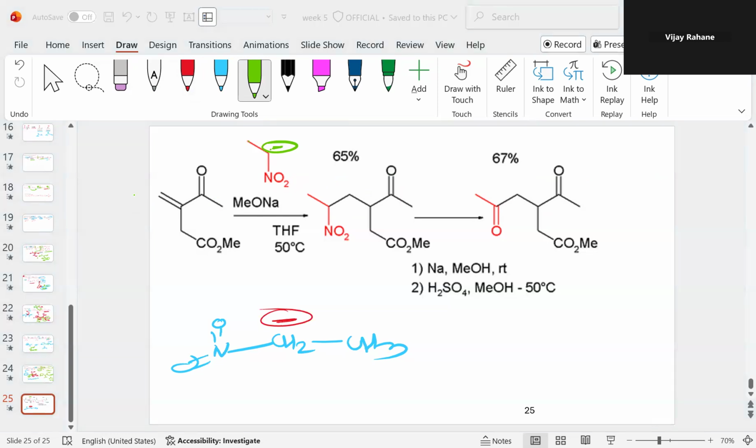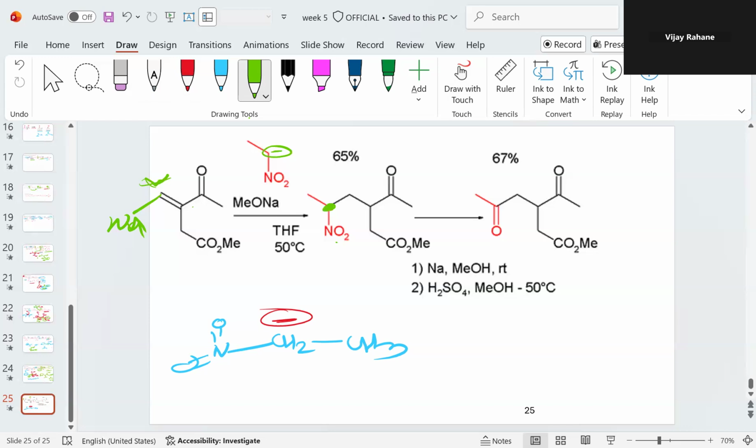And once this negative charge forms, looking at the starting material, the beta position of this carbonyl is vacant, so we can get very easy attack of this negative charge here, and this nucleophile attack takes place, right? We get this product. This is the addition of the nucleophile, and since the negative charge formed on this carbon atom, this is what we get in the first step.